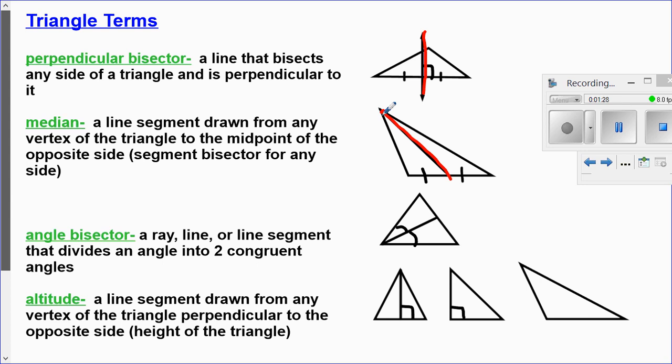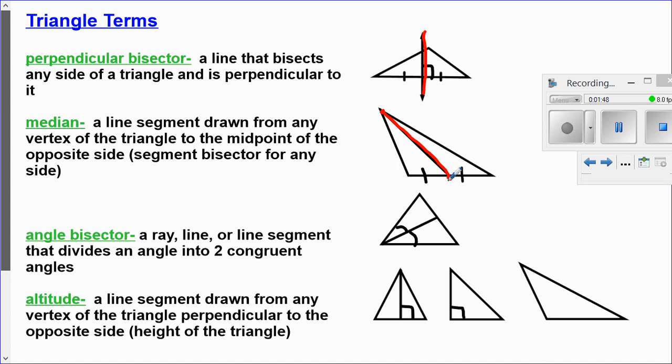But the median starts at a vertex and it goes to the opposite side, and then it is intersecting with the midpoint of the opposite side. So that's a median. And again, I could draw medians in for all 3 sides of the triangle.